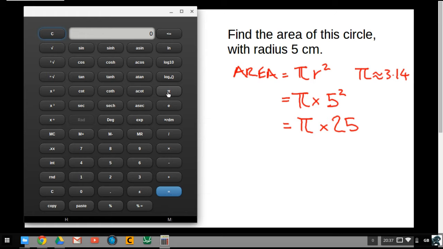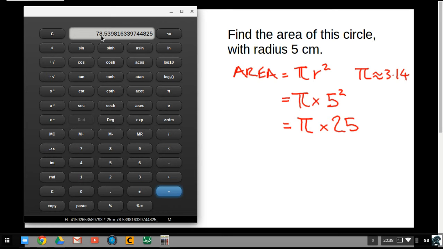So we can use that and get pi to a pretty good level of accuracy without having to spend a long time writing it out. If I press that pi button now, we can see we've got a little bit more of pi coming up, and still it keeps going on, but we've got a good level of accuracy. So do pi multiplied by the 25 that we just worked out, hit equals, and there we have it.